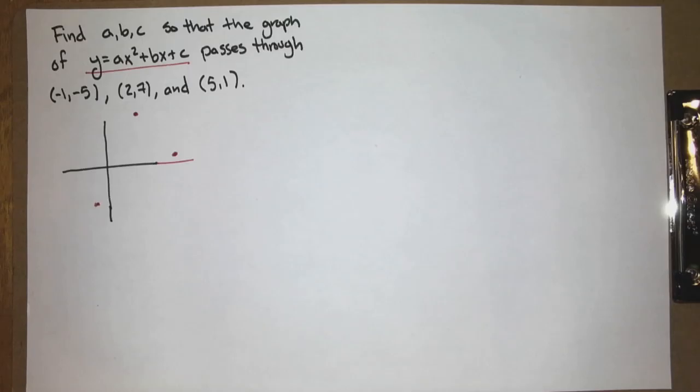What does y equals ax squared plus bx plus c look like, by the way? Have we seen anything that looks like that before? It's a parabola. We've talked about parabolas. So we're trying to find the parabola that passes through those 3 points.